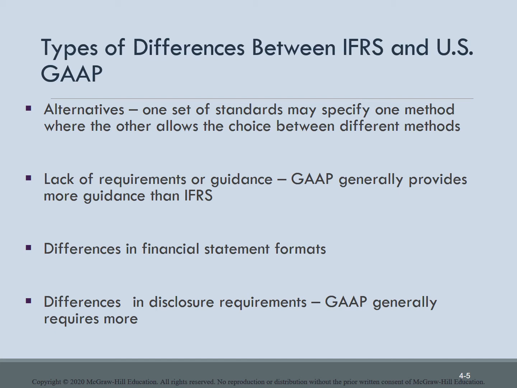So there are a number of topics for which IFRS lacks specific guidance or requirements. In the last PowerPoint, we talked about differences in financial statement formats, and also about differences in disclosure requirements and how GAAP generally requires more disclosure. We've talked about the reasons why that's the case, and that IFRS is moving in the direction of increasing disclosure requirements.